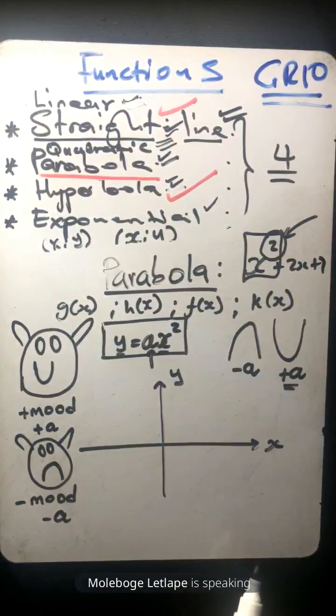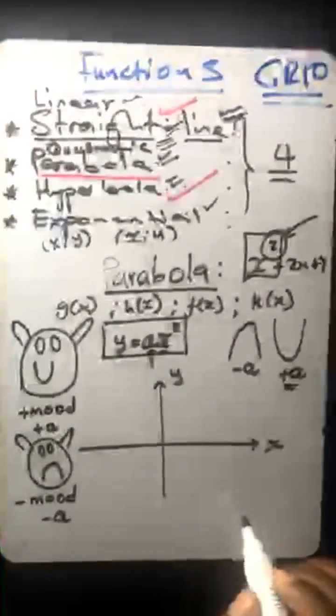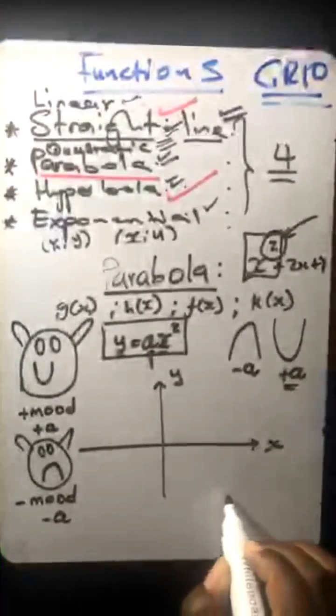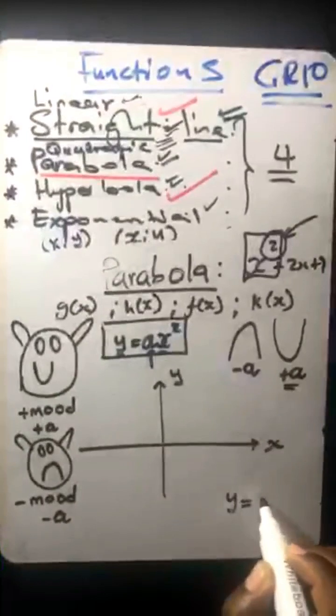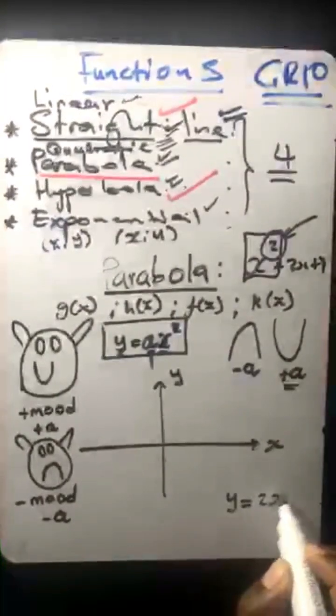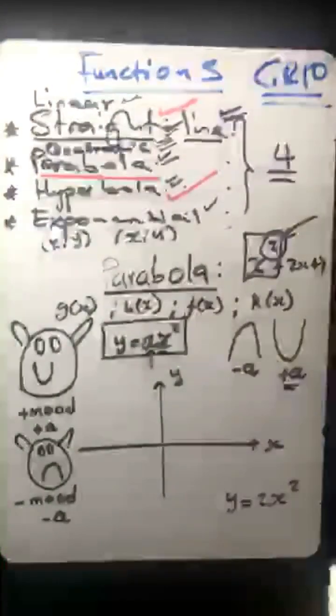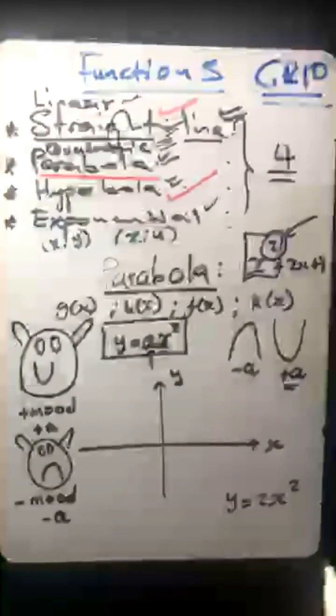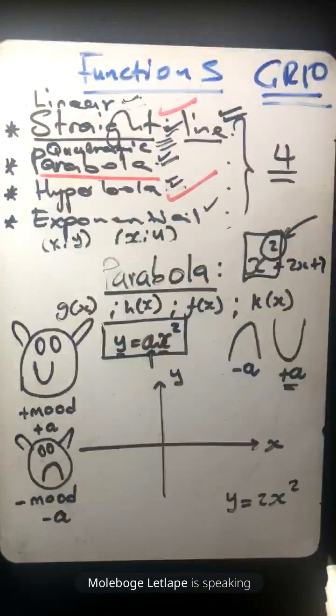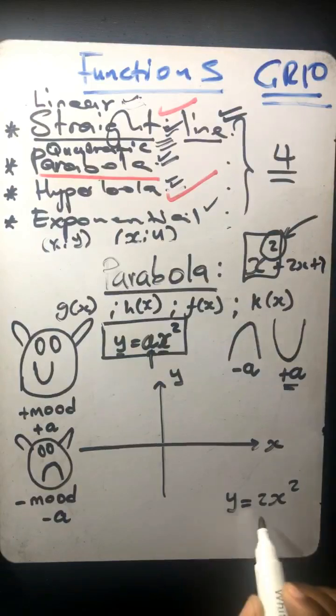Okay, it's fine. So now, let me give a practical example. If you have y equals, let's say, positive 2x squared, that means we are going to have a smiling shape because the a value is positive.